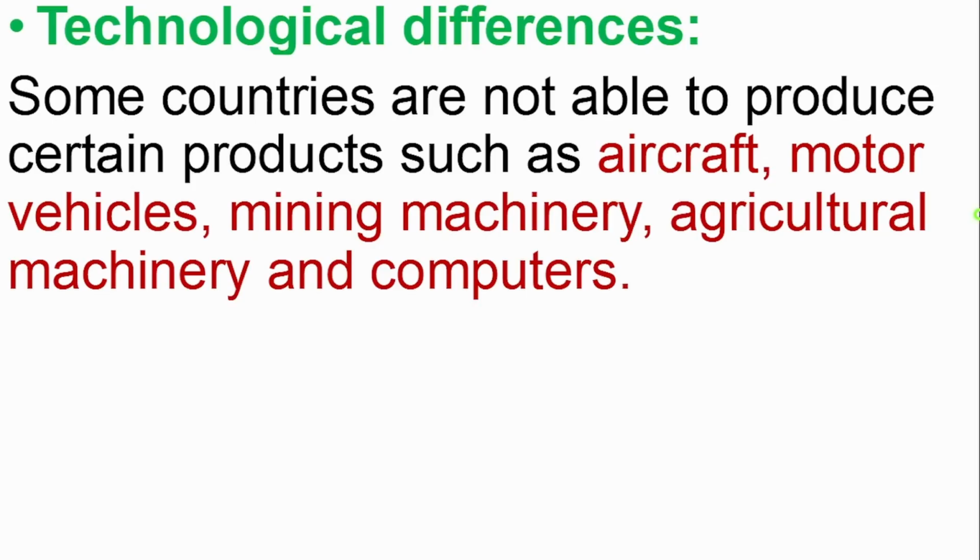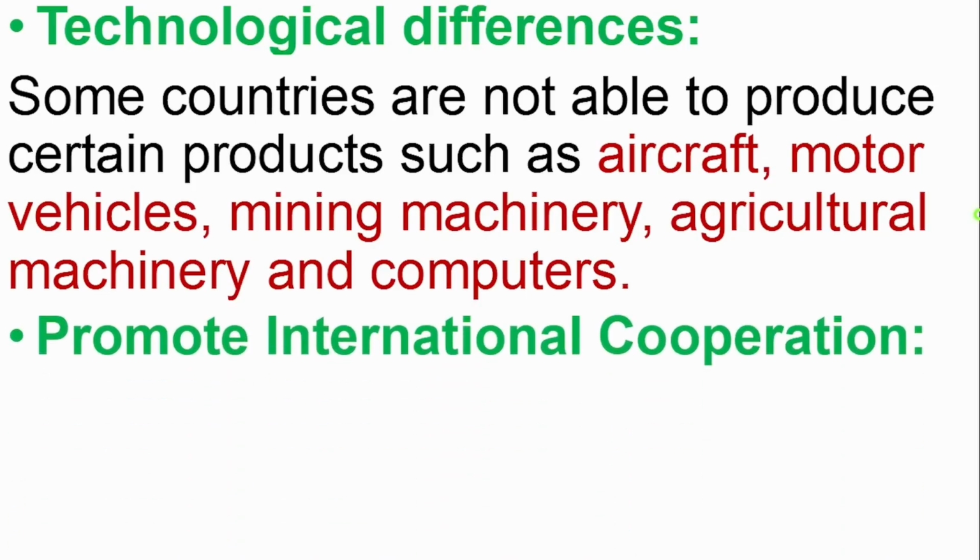For example, we have copper that we produce in the country, but we're not able to produce the machinery that we need for the mining. We need computers. These computers come from countries that are at an advantage in terms of technology, and we get them from these countries. So we trade internationally with these countries.